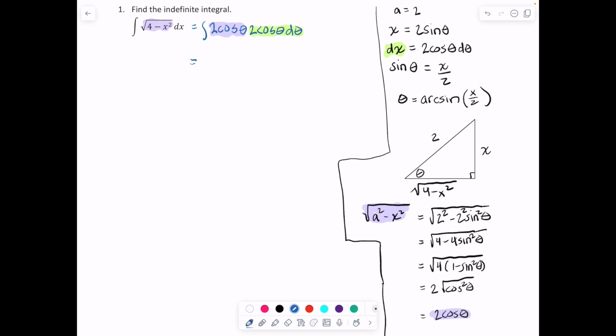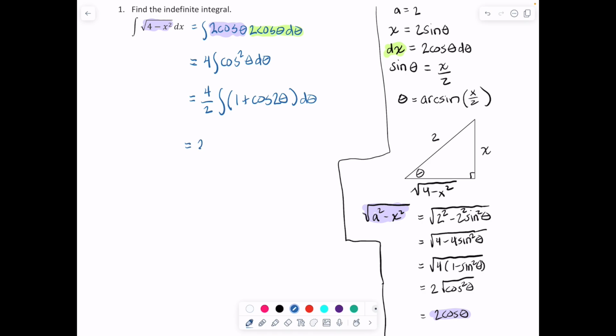So we will have 4, I'll bring the 4 out, times the integral of cosine squared theta d theta. Now we need to use that power reducing formula, which you learned in Calc 1 and you just relearned in section 8.3, the trigonometric integrals section. So this will be 4 over 2 times the quantity 1 plus cosine 2 theta with respect to theta.